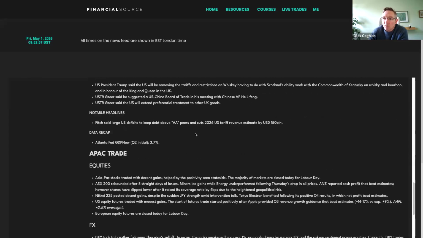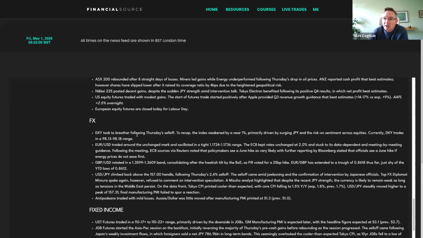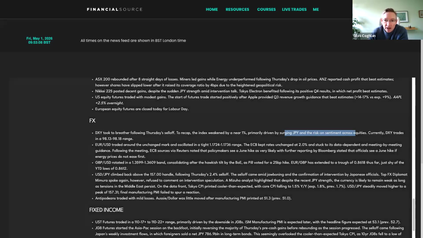When we have a look at the FX specific trade, obviously the yen is having a big impact on the Dixie with that intervention. And Ruby here was very prescient in seeing the likelihood of the Bank of Japan intervening over that holiday period.